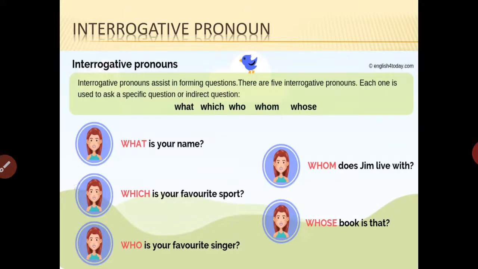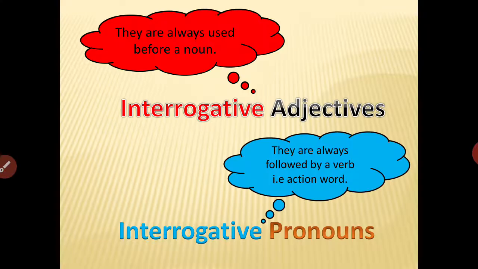Let's proceed. Just copy down this definition of interrogative pronoun in your notebook. In the same way, in interrogative pronouns we also have a further bifurcation into interrogative adjective and interrogative pronoun. How will we find out whether it is an interrogative adjective or an interrogative pronoun?